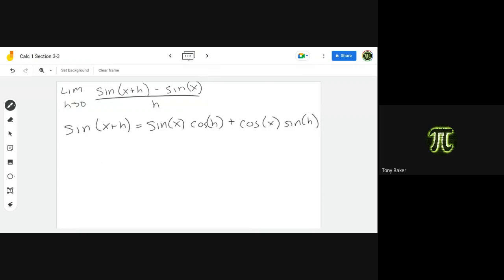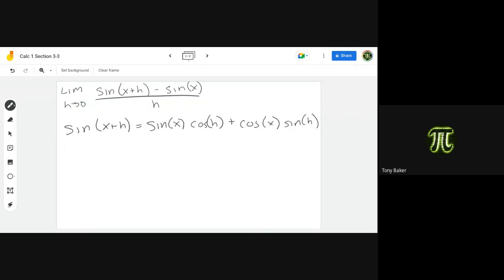Well, it's not the double angle rule. It's the sum of angles. So it's very similar to the double angle rule because if they were both x's, it would work out to be the same way, which would end up giving you the double angle rule. But in this case, the angles aren't the same. So, all right.